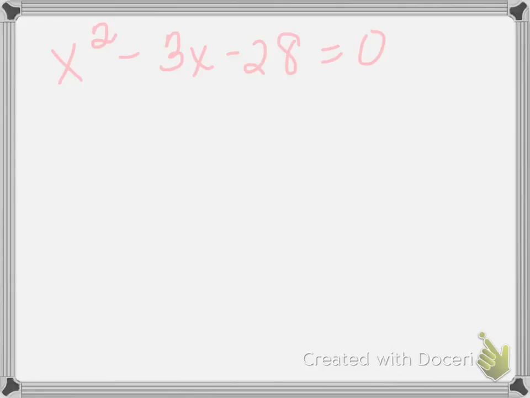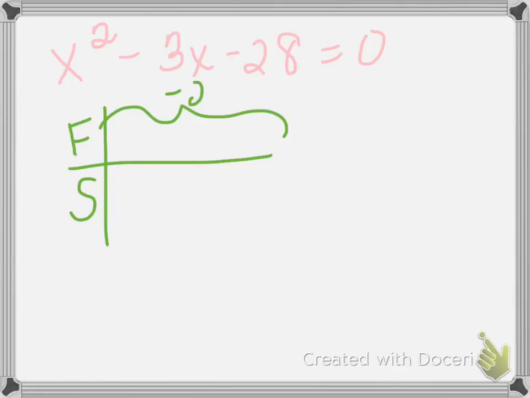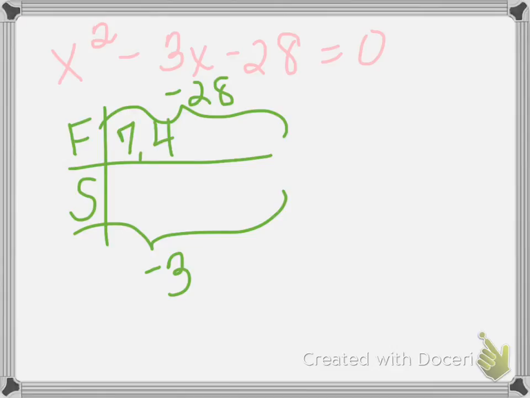Now it comes to factoring. I need the factors of negative 28 that give me a sum of negative 3. I know that 7 and 4 multiplied together give me 28, so let's start with those. What I need is a negative 28, so one of those is going to need to be negative, but I need the sum to be negative 3.